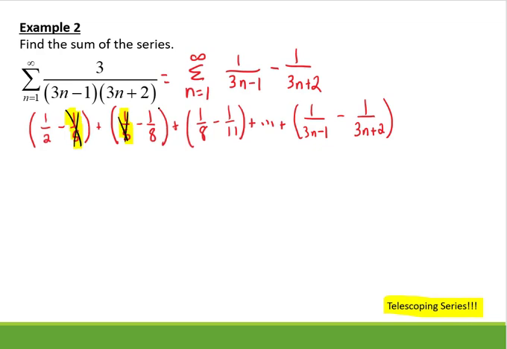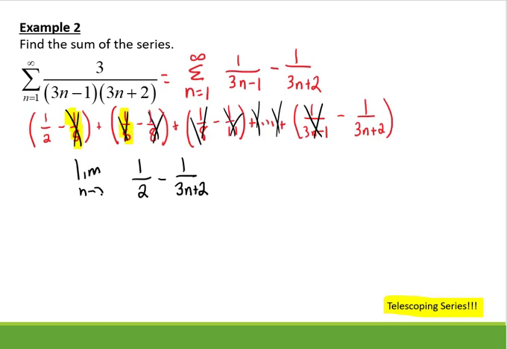This one cancels with one that's there that I didn't write. One that's sitting in here that I didn't write cancels with this. So this actually turns into this sum. And we're looking as n goes to infinity of that sum. That whole sum there is going to equal 1/2.